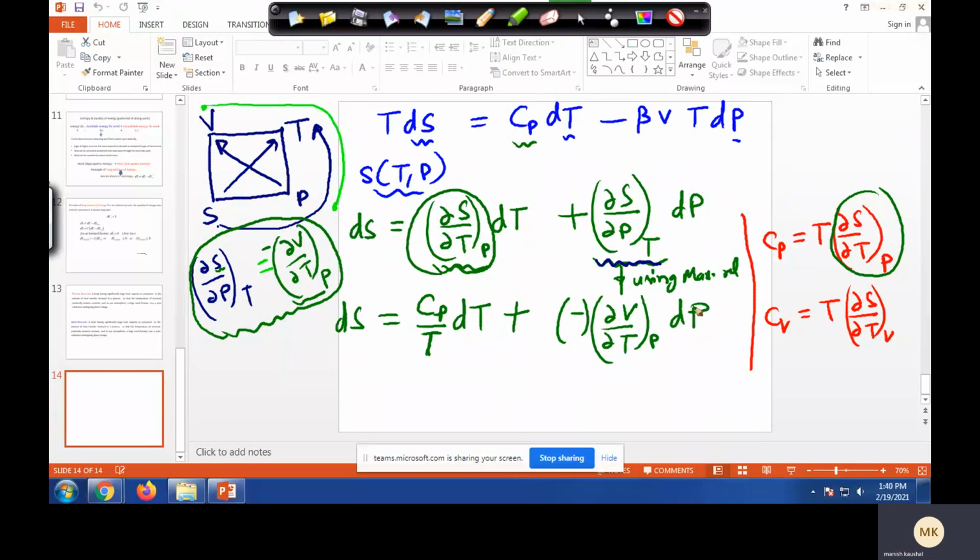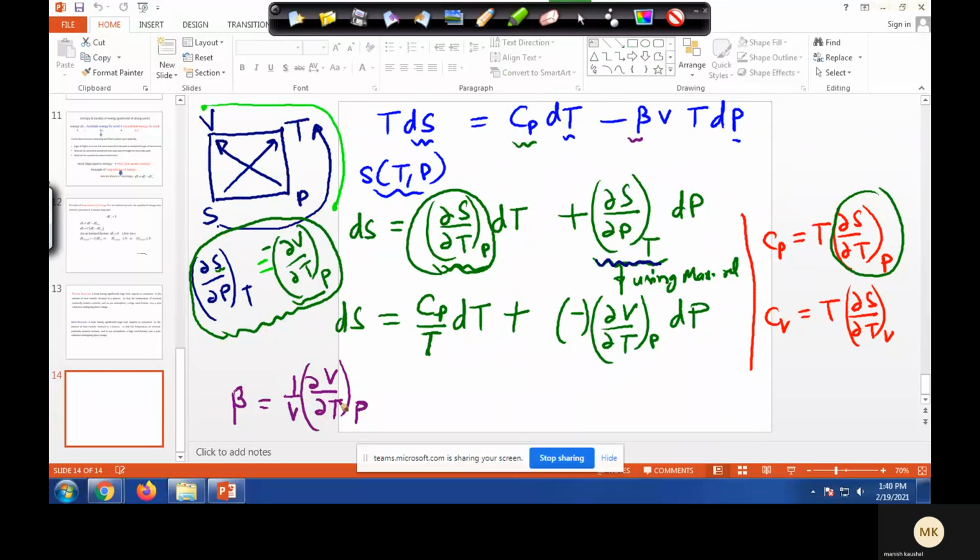So we are up to this point. Now let's see the definition of beta. As I told you, how you should remember beta: fractional change in volume, and then temperature you have to change at constant P.